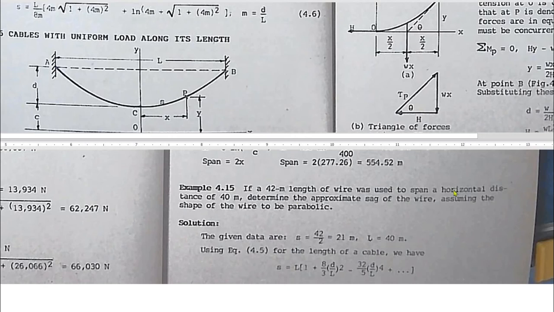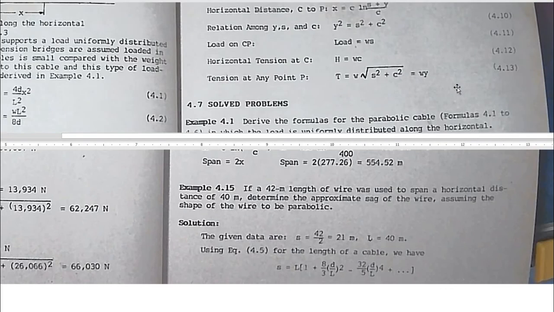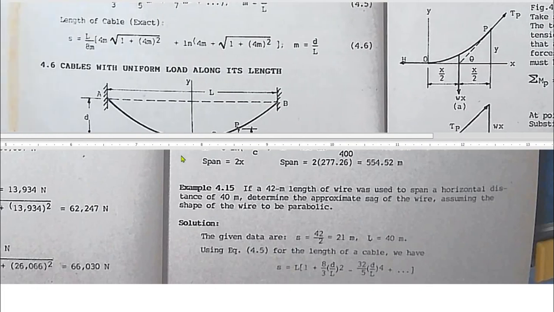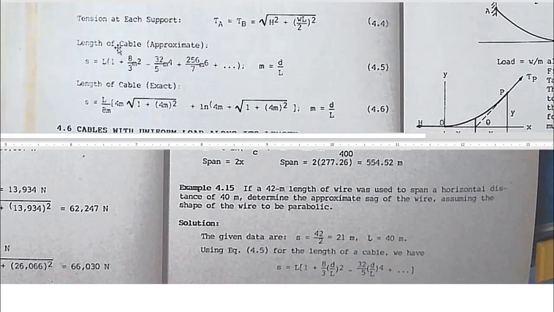Next, yung horizontal distance naman, or as compared to our previous problem 4.14, yan yung span, no? From point A to B. Or yan yung length, span length L. And then using equation 4.5, which is this one, ito.